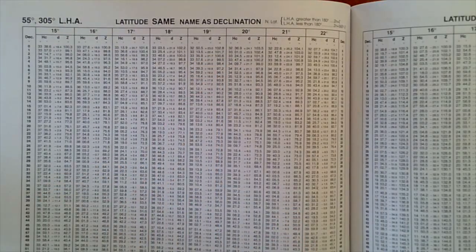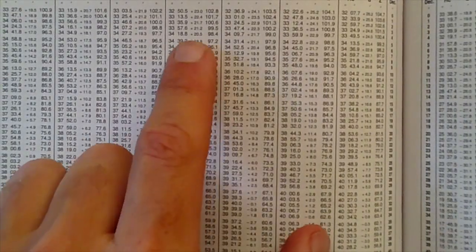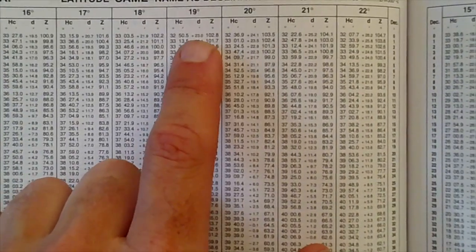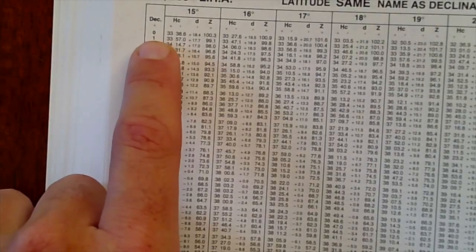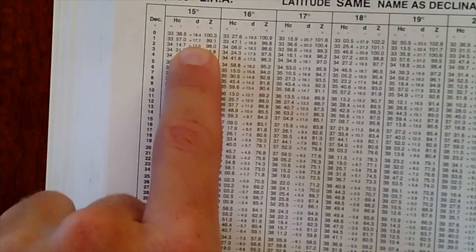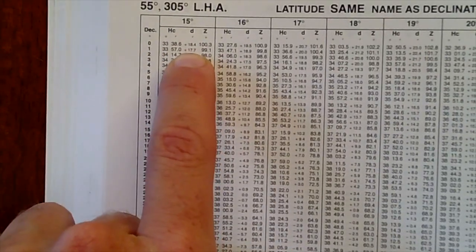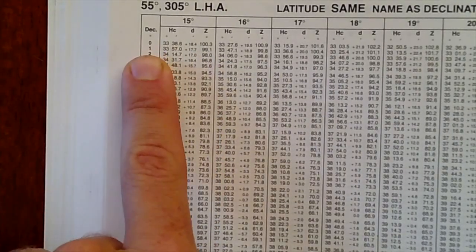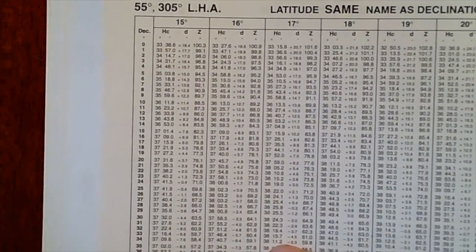It's given by a plus or a minus sign, and it represents the change in Hc from declination value to declination value. So for example, from the declination of 0 to 1, there is a change between these Hcs. So the altitude difference will help us account for anything in between 0 and 1 along those lines.